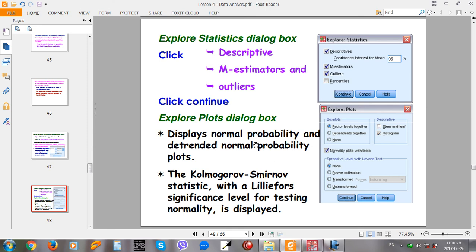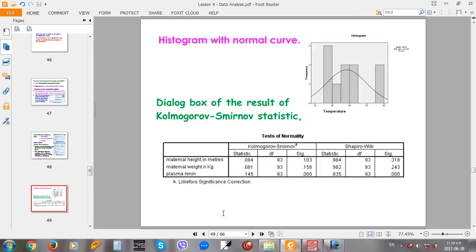Right. Click Continue. The Explore Plots dialog box displays the normal probability and detrended normal probability plots, the Kolmogorov-Smirnov statistic, and the Lilliefors significance level for testing normality is displayed. Right.